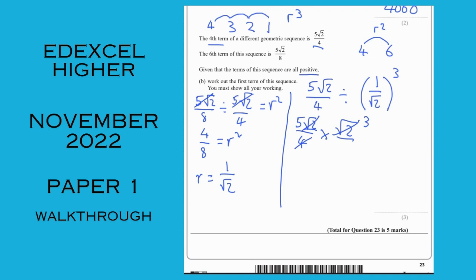Everything disappears. We're left with a 5. I think I explained that a little bit gibberish, but don't forget, root 2 cubed times root 2 is root 2 to the 4, which is basically root 2 squared times root 2 squared. That's probably a better explanation. Those cancel, and that's why it cancels with the 4. I think I just about survived that one.